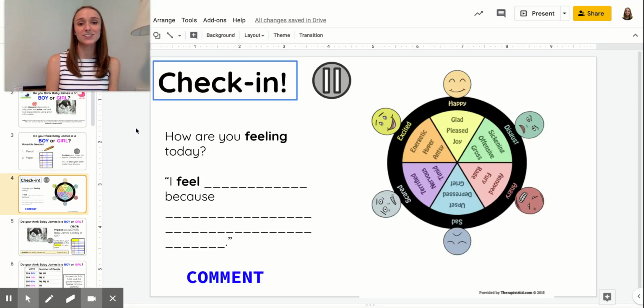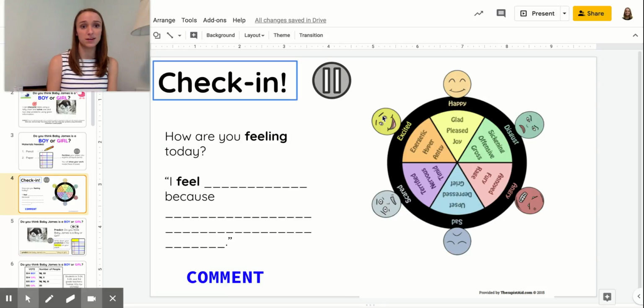All right, before we get started with our lesson today, I want to do a quick check-in. Here's our check-in question for today. How are you feeling? I understand that we're all coming to this lesson maybe feeling different things. Some of us might feel happy, excited, scared, sad, angry, or disgust. There's a lot of different emotions and things that we're feeling, especially in a time that's really uncertain right now.